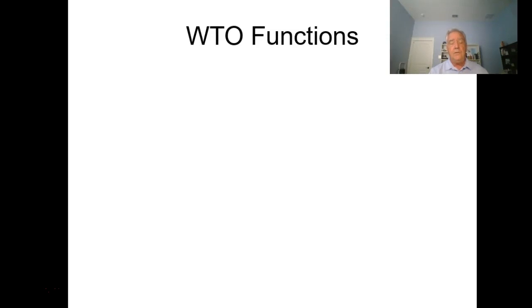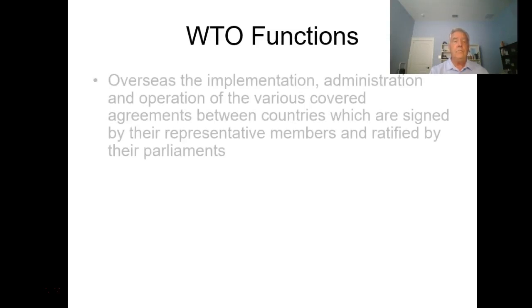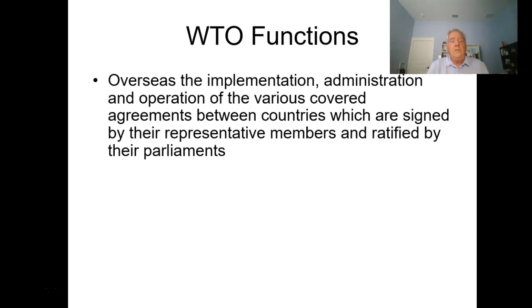So the World Trade functions. Let's look at those. Implementation, administration, operation of agreements. Now, if you have an agreement between a country or a group of countries, take for instance NAFTA, or the Trans-Pacific Partnership that we withdrew from. If you have these agreements and they're ratified by your administration, Congress, or parliaments, then those agreements become part of the World Trade Organization.